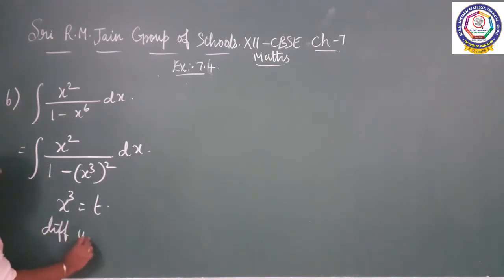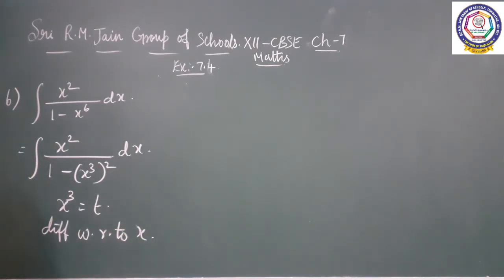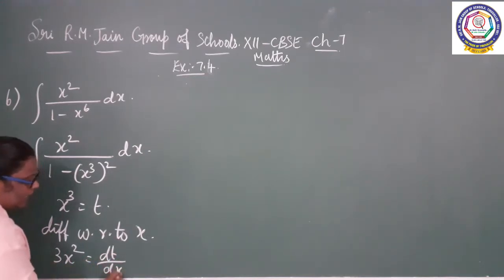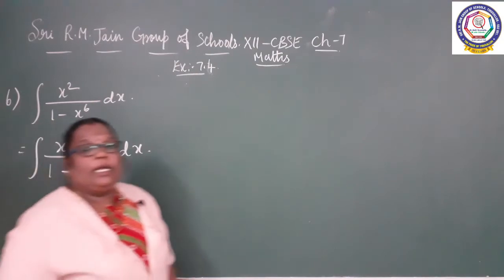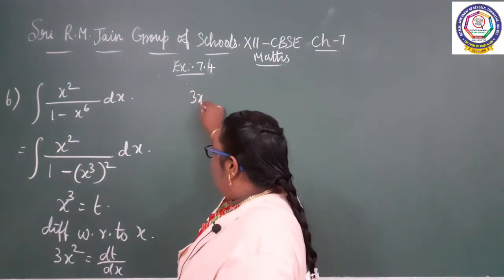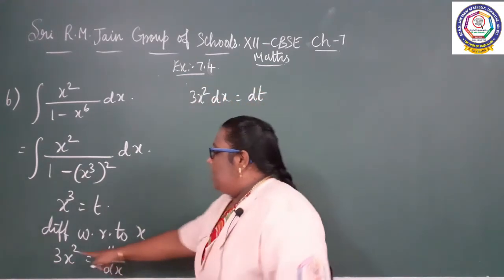Differentiate with respect to x. x cube becomes 3x square equal to dt by dx. So 3x square into dx equal to dt.